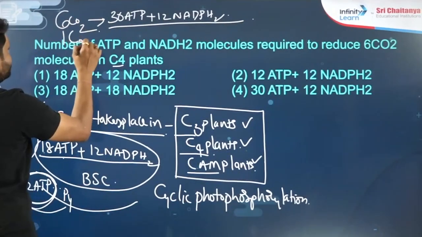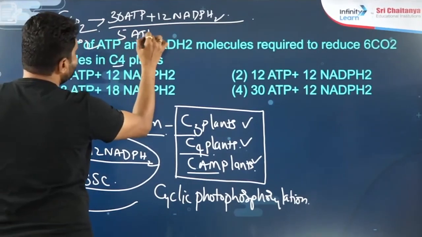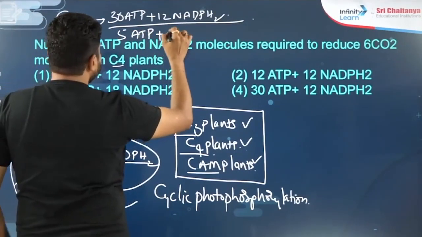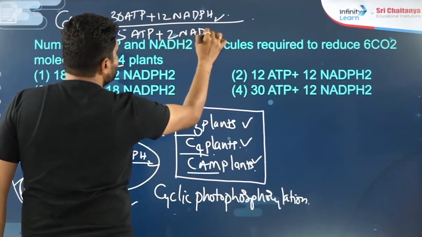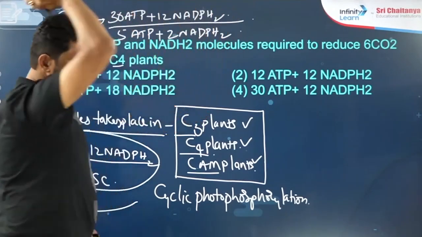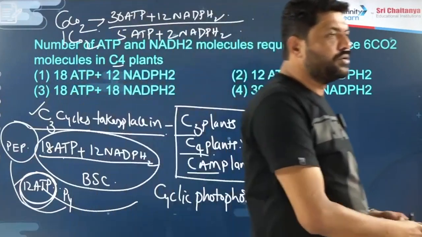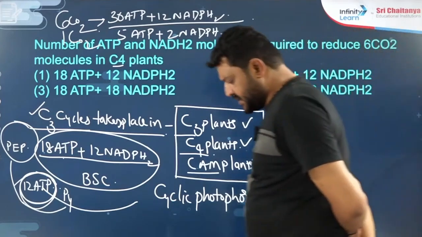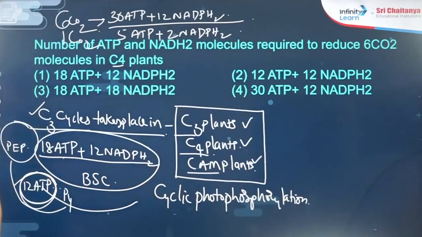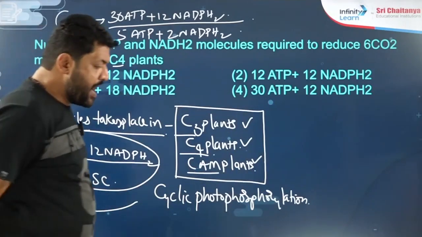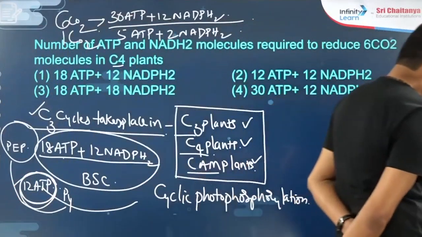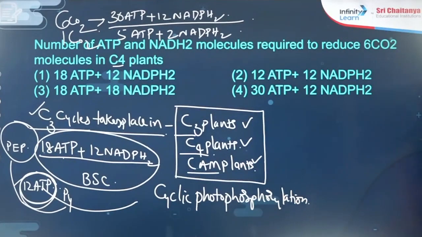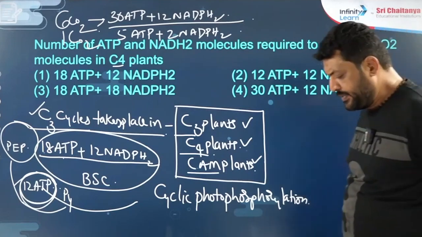Then for 1 CO2, that is 5 ATP plus 2 NADPH2 required for the reduction of 1 CO2 in C4 plants. Was it clear? We have discussed 4 questions so far. The first question: how many ATP are required for the reduction of 6 CO2 in C3 plants? The answer is 18 ATP plus 12 NADPH2.